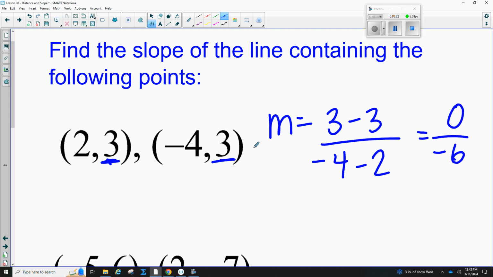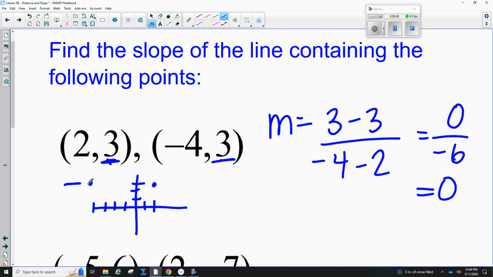What does 0 over negative 6 equal? What does a slope of 0 look like? It is a line. Yes, it's one of the special ones. So actually, if you plotted these points, 2, 3, negative 4, 3, what kind of line is this? Yep.